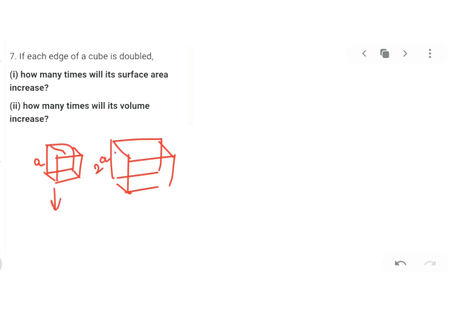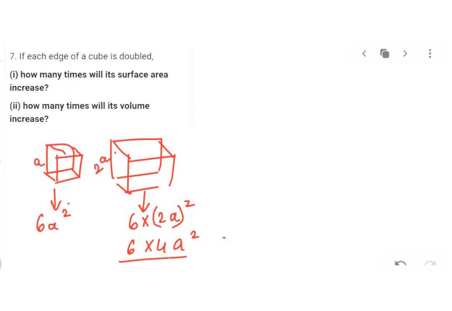You will find the surface area with this A, so it will be 6A square. With this it will be 6 into 2A square, correct? So that will be 6 into 4A square. Am I correct with this?